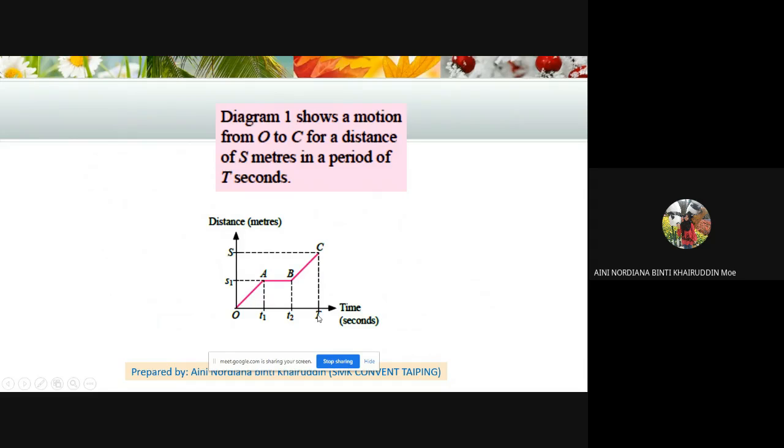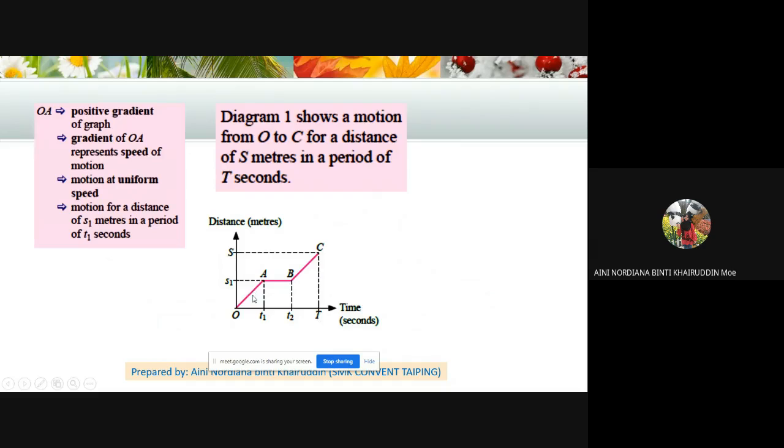Okay. OA, as you can see here, OA, positive gradient of graph. Gradient of OA represents speed of motion. Motion at uniform speed. Motion for a distance of S1 meter in a period of T1 second.